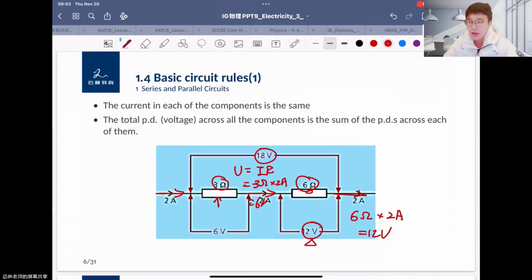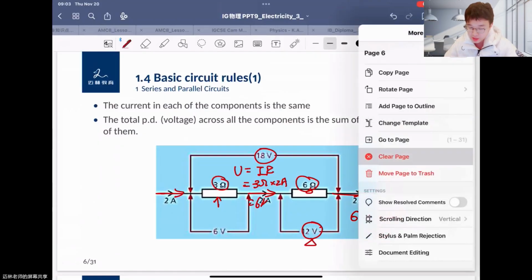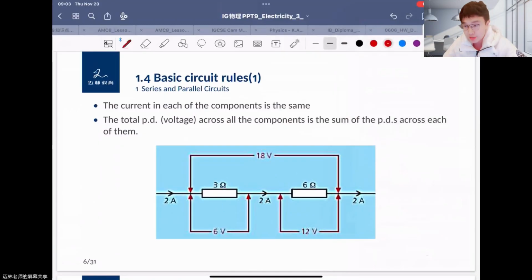So maybe you have some questions about this, but we can just consider it as a river stream, right? If you consider it as a river stream, 2 ampere means that in 1 second, 2 charges pass through, right? And for each charge that passes through a resistor, like a very big stone, it blocks the way, right? So we say there is a height difference, like here a height difference of H1.